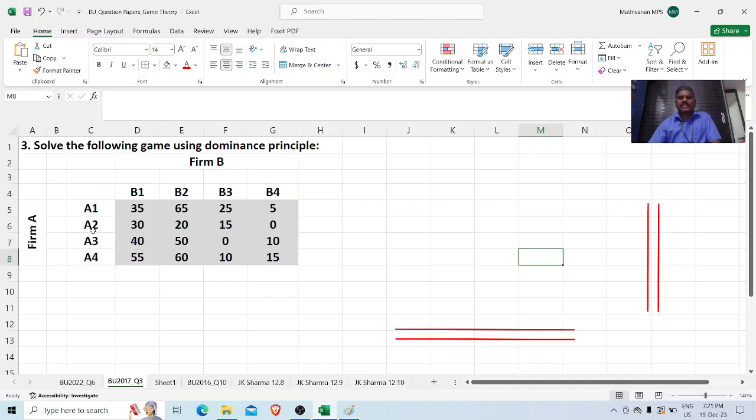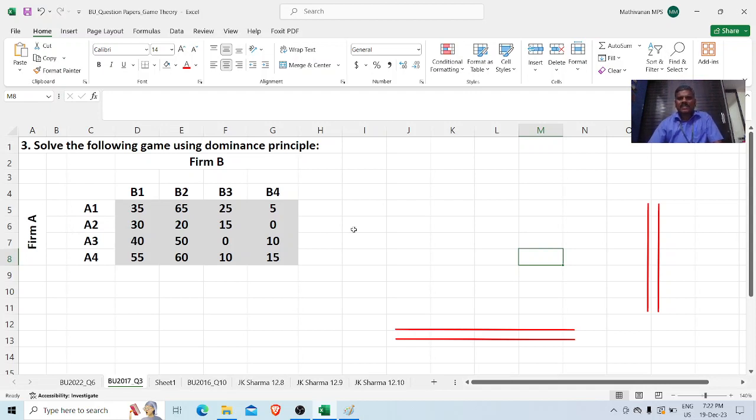If you are a consultant to this firm A, among these two strategies A1 and A2, which one would you suggest for firm A? Obviously, we will suggest the first strategy, because irrespective of the strategies, or when B uses all four different strategies, strategy A1 gives better gains for firm A. So we will recommend only the first strategy for firm A rather than the second strategy.